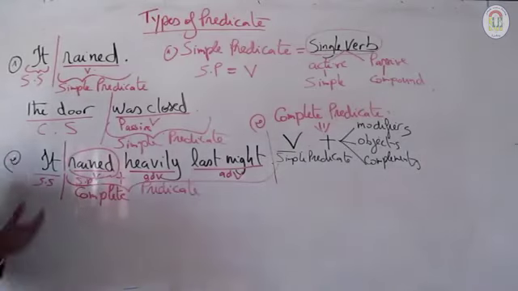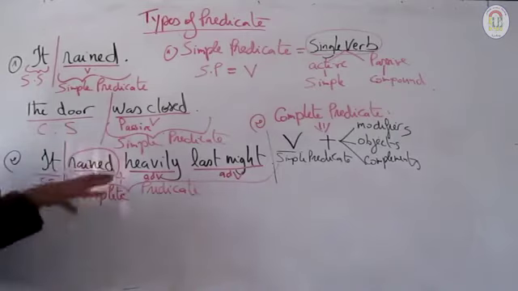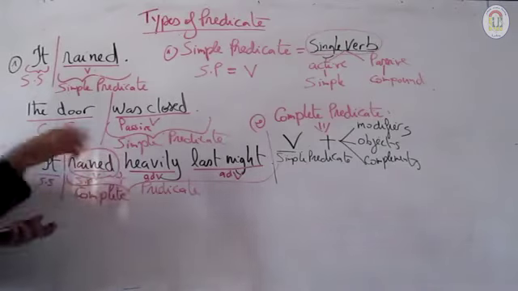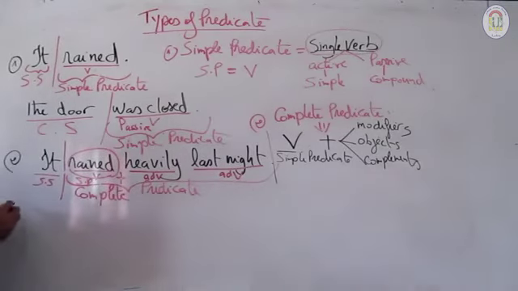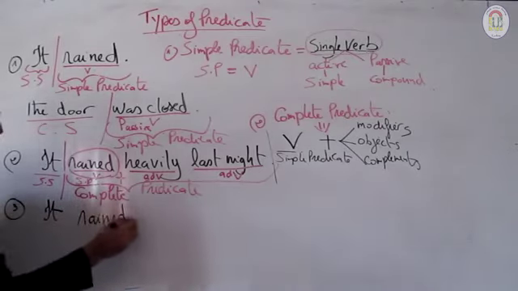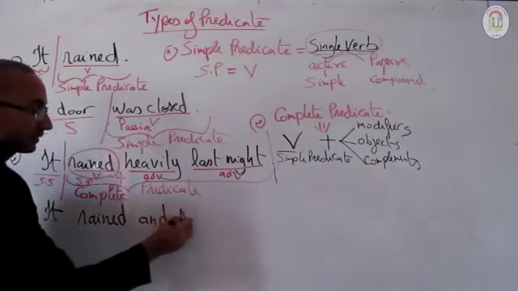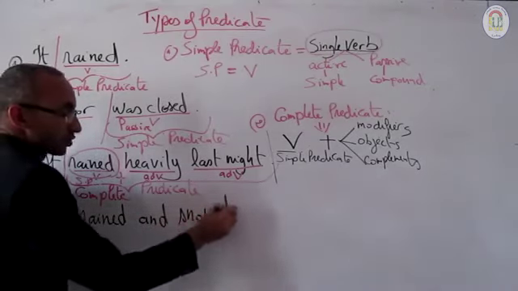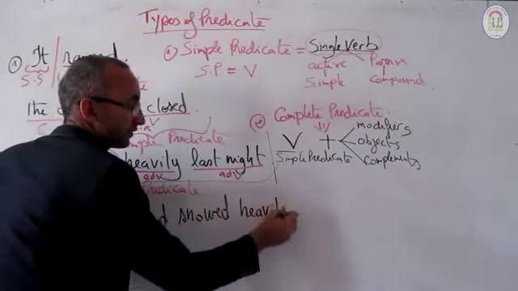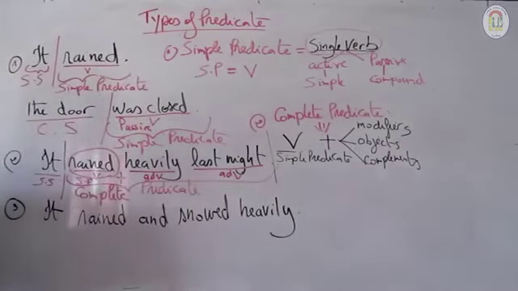Good. We continue always varying the structure and the components of our predicate to learn more about its types. So right now, on example number 3, it rained and snowed heavily.